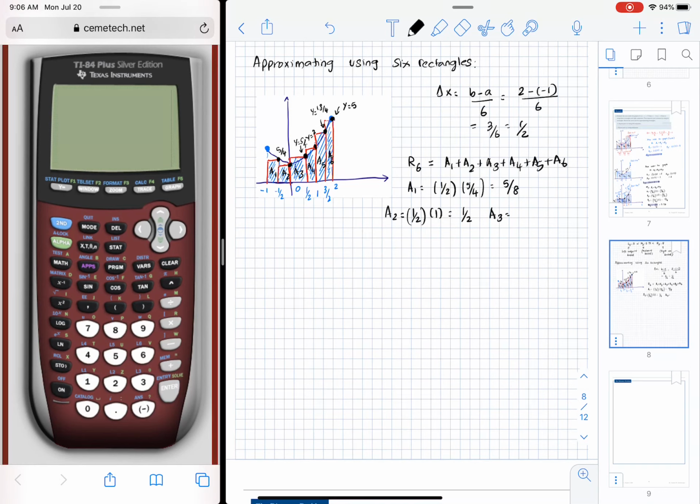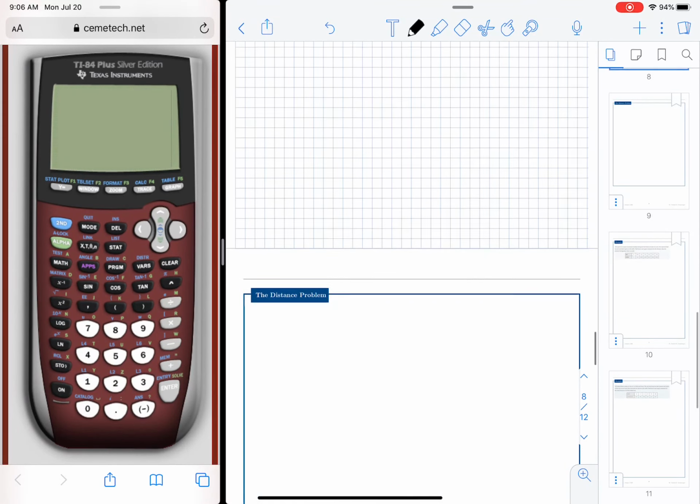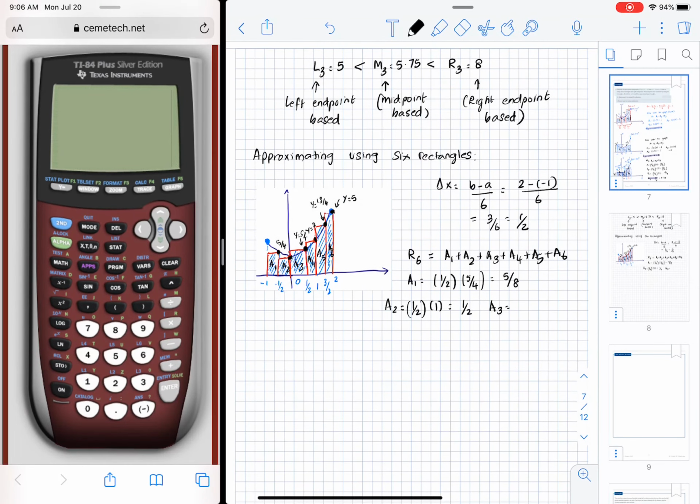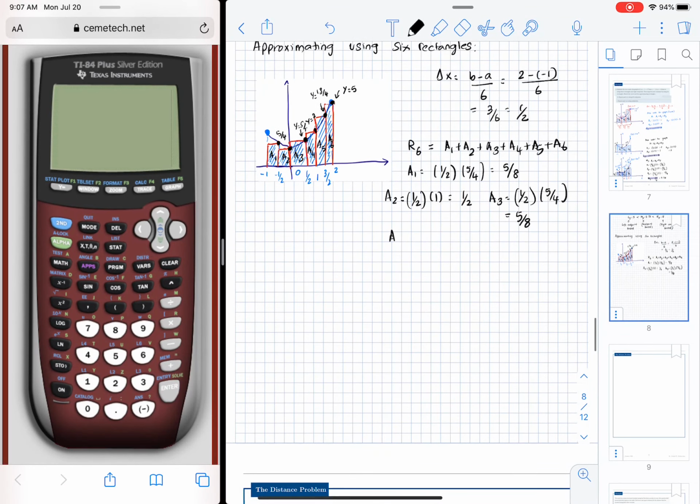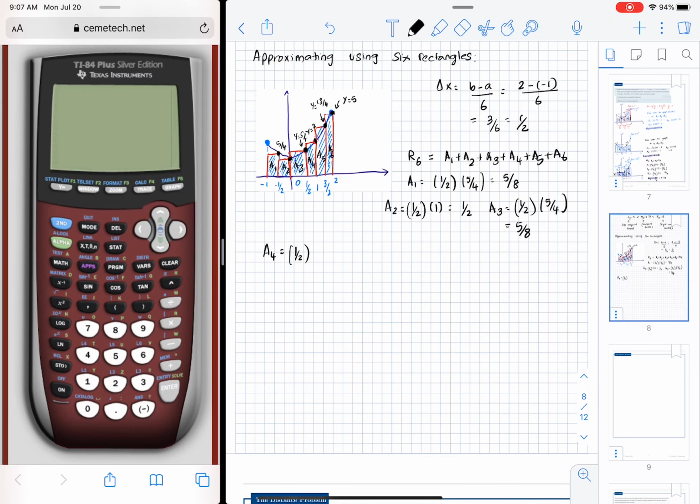A3 is 1/2 times 5 over 4, which is 5 over 8. A4 is 1/2 times 2, because 2 is right over there.